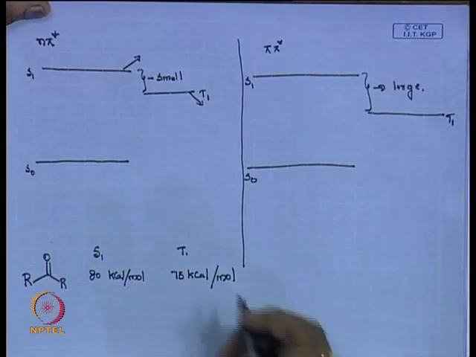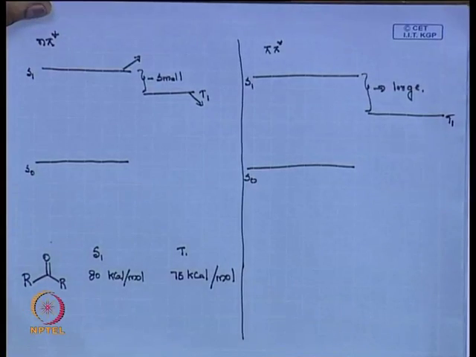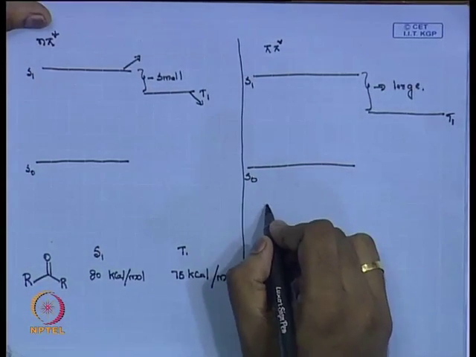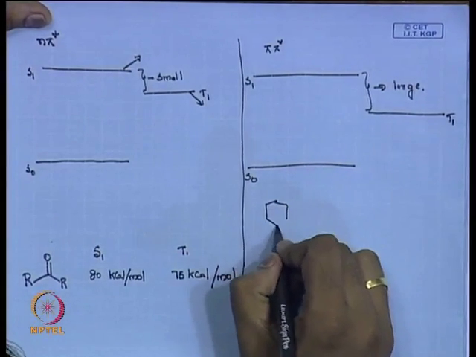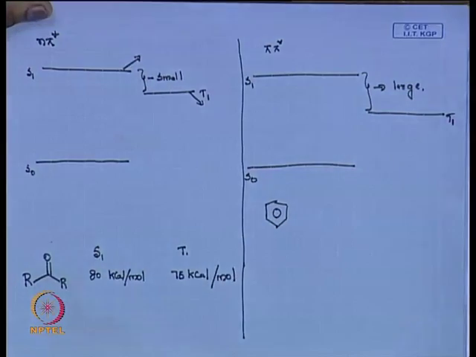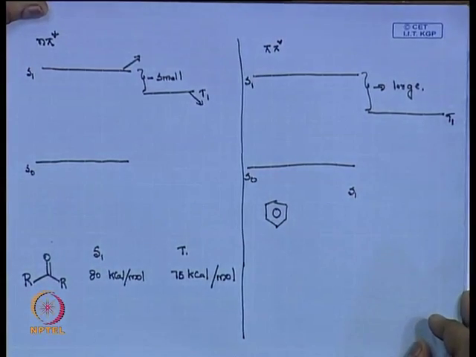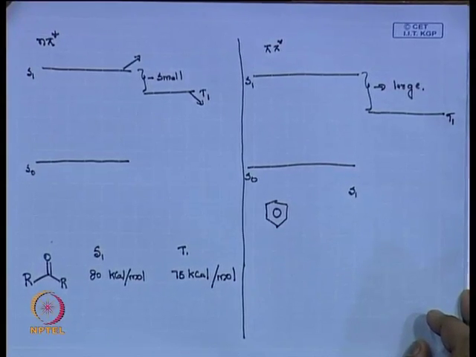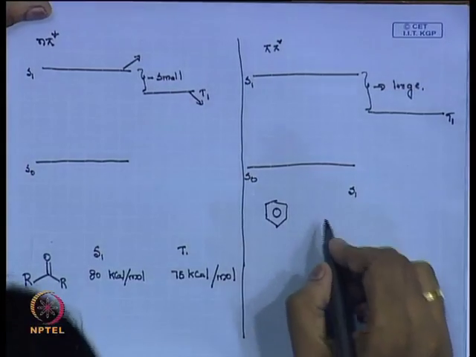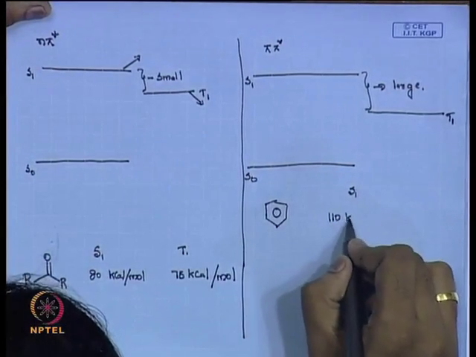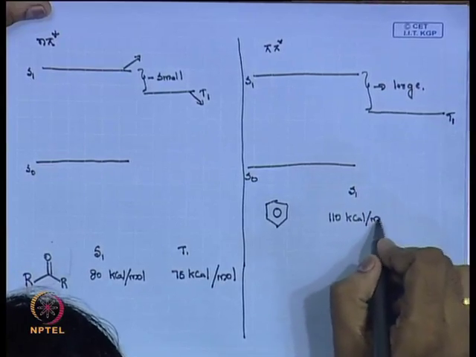In the same way, if I go for my pi pi star and see what happens, what is the big number there. I draw for my benzene. Any idea what will be the energy level of the singlet for benzene? Anyone? So, it is 110 kilocalories per mole.